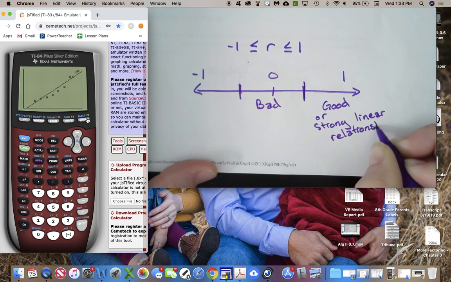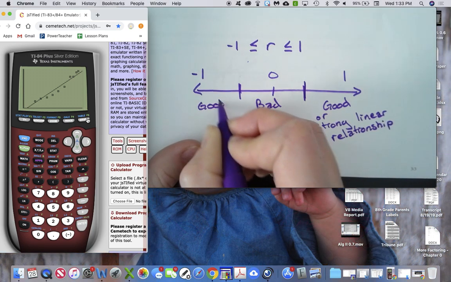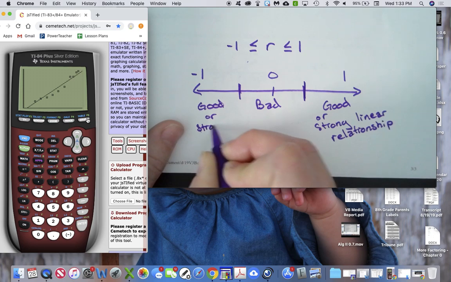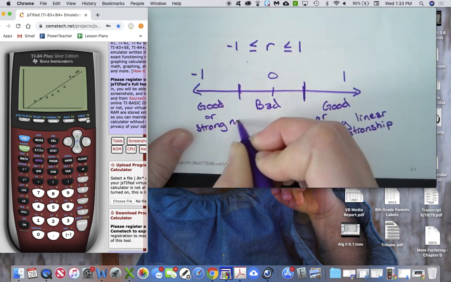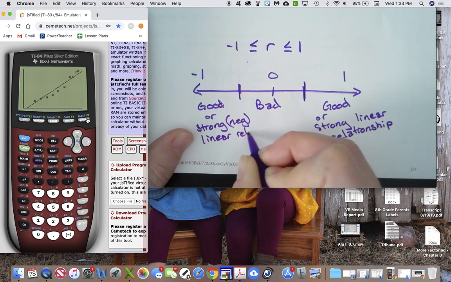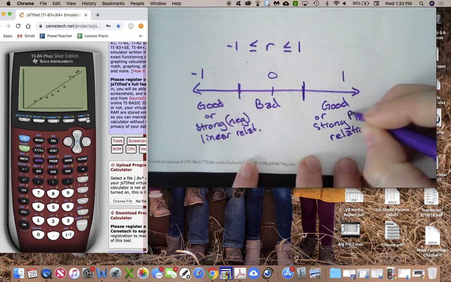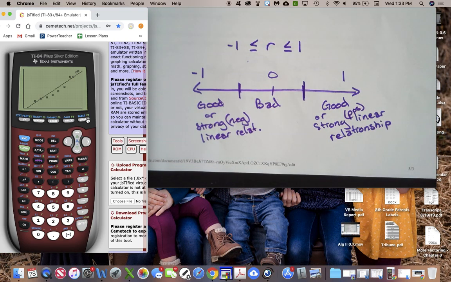This side is a strong negative linear relationship, and we can put strong positive linear relationship. Strong positive, strong negative. Okay?